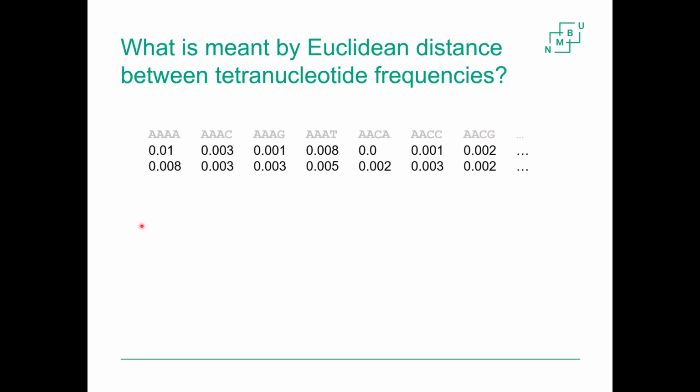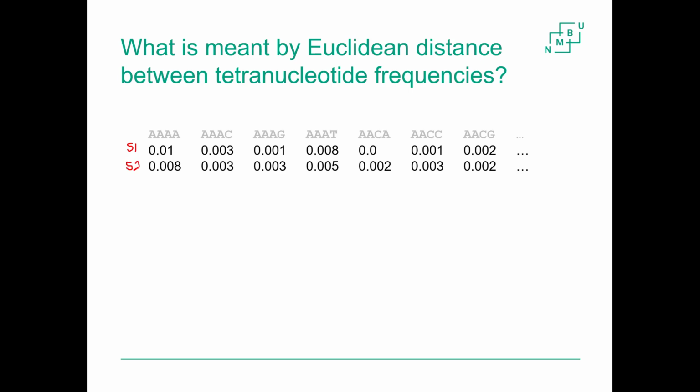So here I have the two tetranucleotide frequencies. This is now for the S1 contig, and this is the same for S2, right?